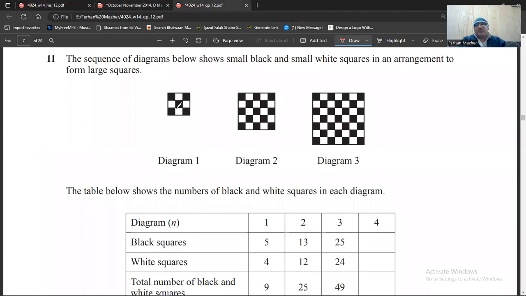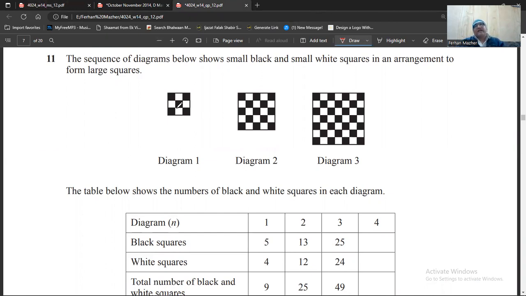Here is a question on sequences. This is question number 11. The sequence of diagrams below shows small black and small white squares in an arrangement to form larger squares.